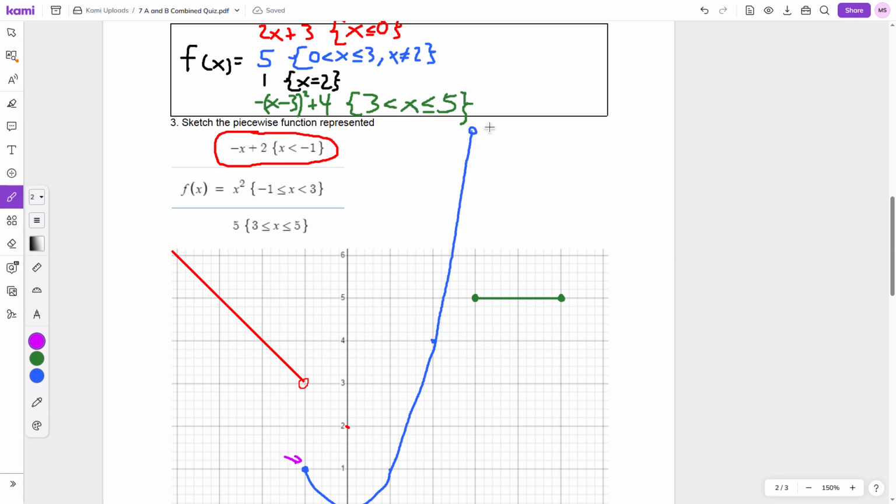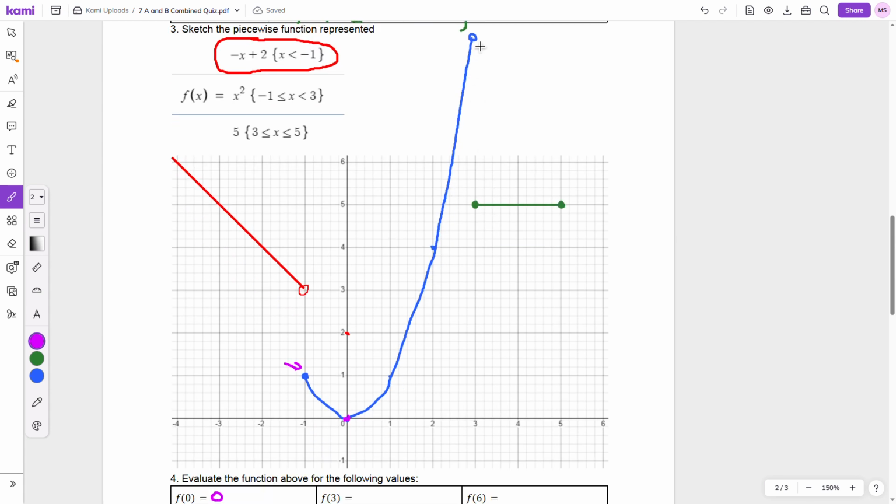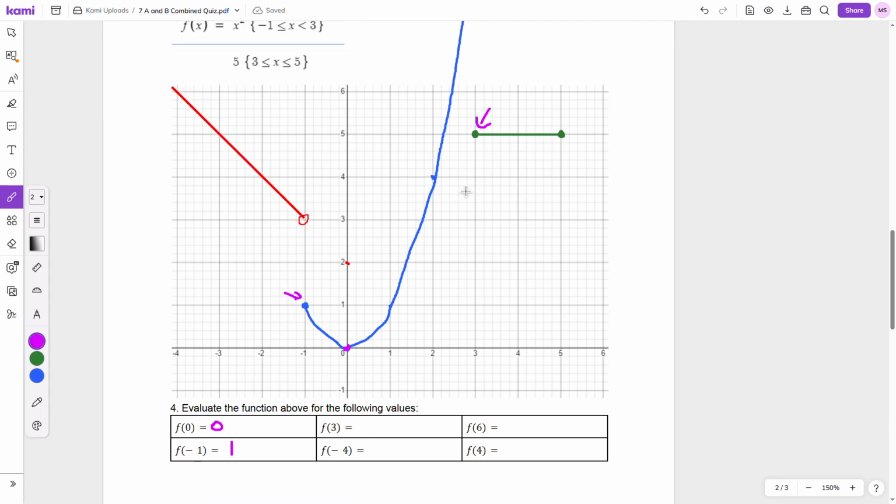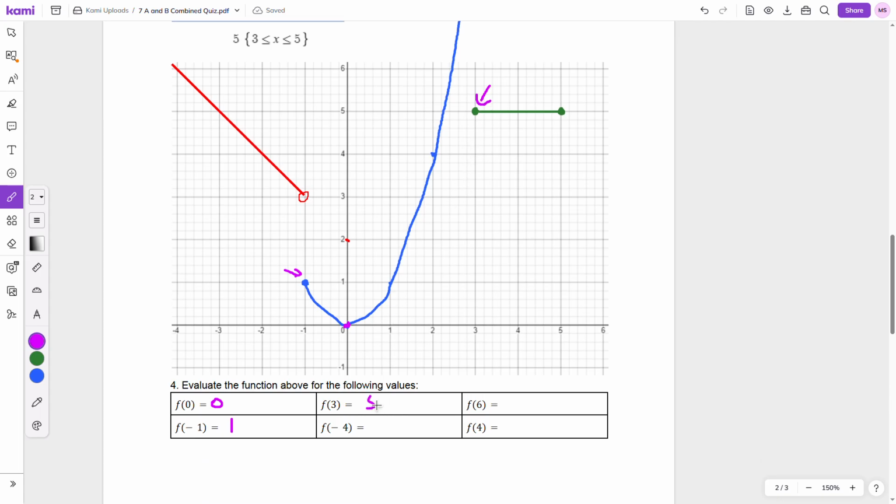F of 3 is all the way, oh, it's not this one. Don't tell me it's 9, because it's not. It's this right here, and it is 5. And the next one is -4, and -4 is this point right here, and that is 6.